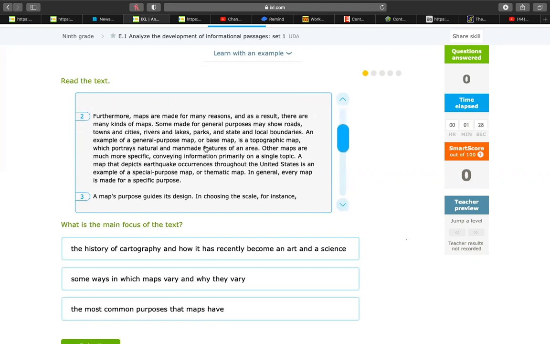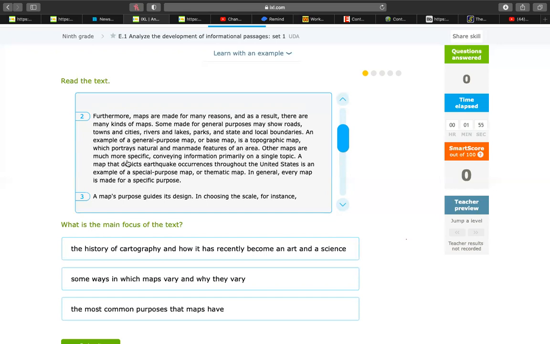Number two. Furthermore, maps are made for many reasons. As a result, there are many kinds of maps. Some made for general purpose may show roads, towns, and cities, rivers and lakes, parks, state and local boundaries. An example of a general purpose map or base map is a topographic map, which portrays natural and man-made features of an area.